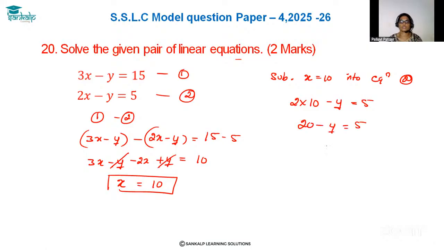So y is equal to 20 minus 5. So y is equal to 15. Okay. So the solution to the system of equations is x is equal to 10 and y is equal to 15. Thank you.